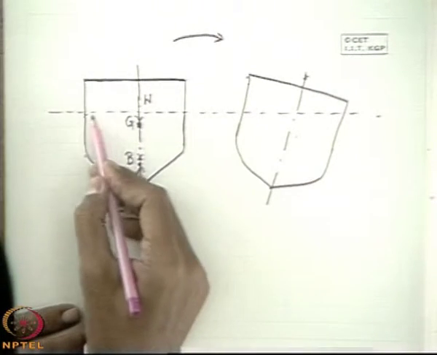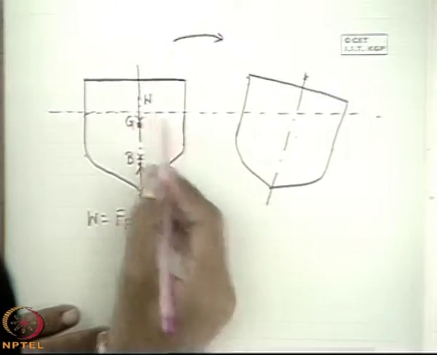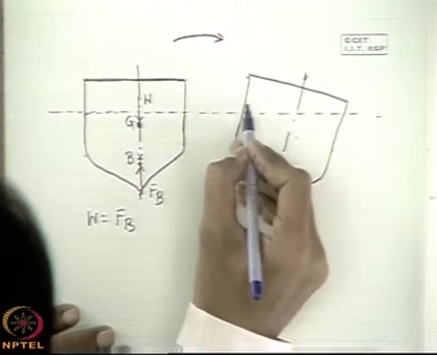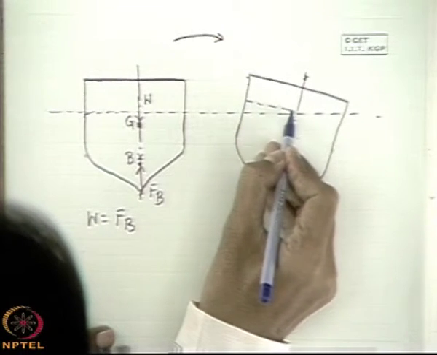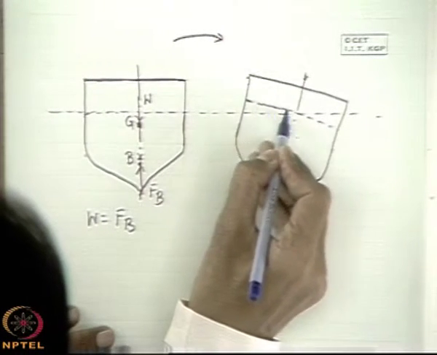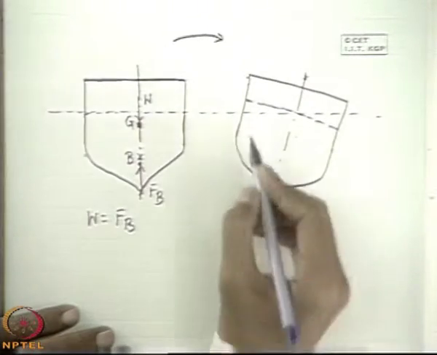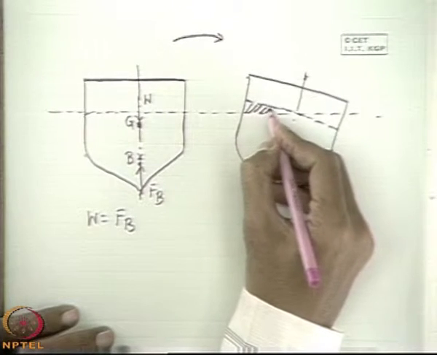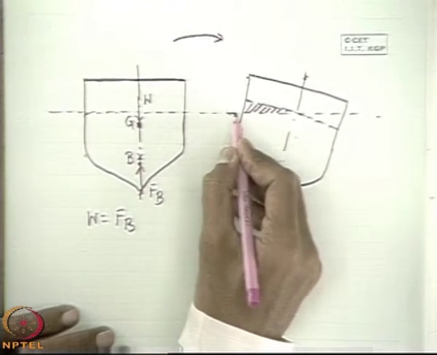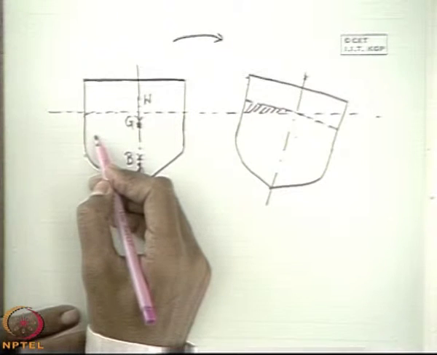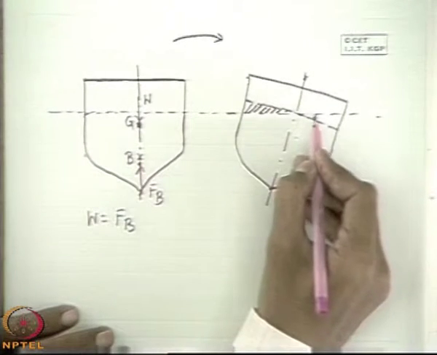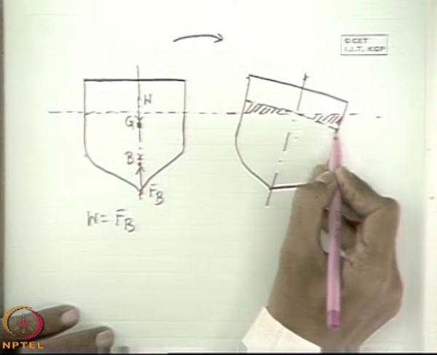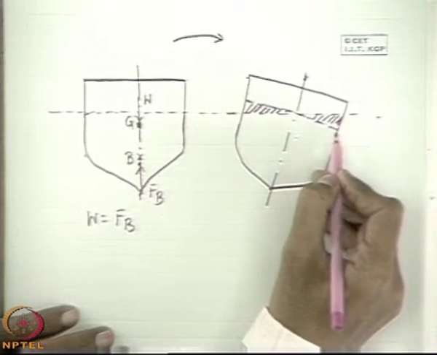Now it is obvious that if I retrace this line, let this line be this line. So we see that this hatched portion of the body has gone out of the free surface which was earlier underneath the free surface, and this portion of the body which was above the free surface has gone down below the free surface.